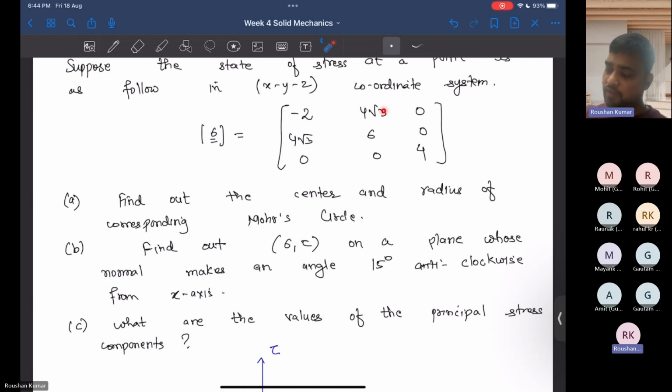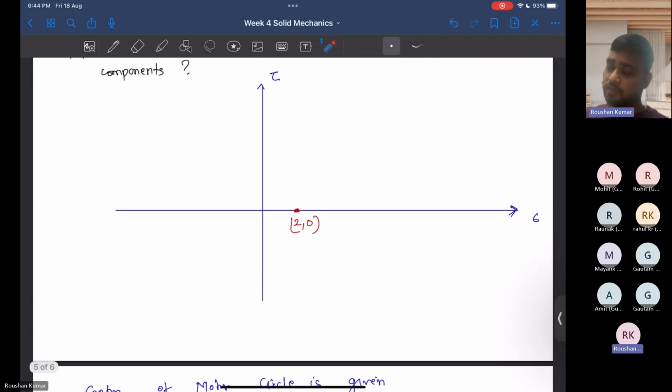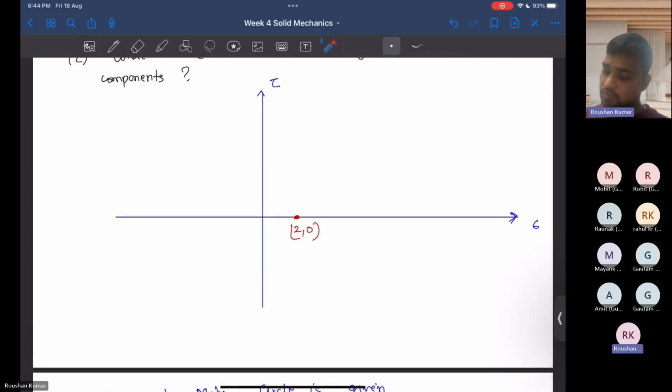First we plot this point, -2 comma 4 root 3; it lies somewhere here. And if we join this point with the center, we will get the radius of the Mohr circle. So I just join these two points.